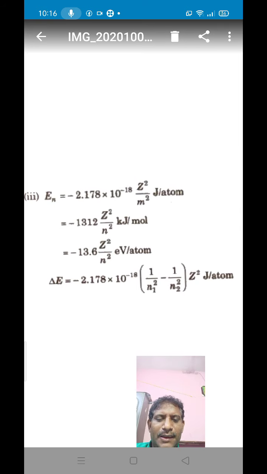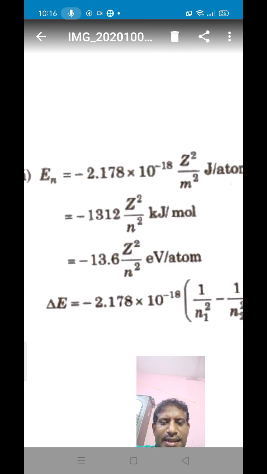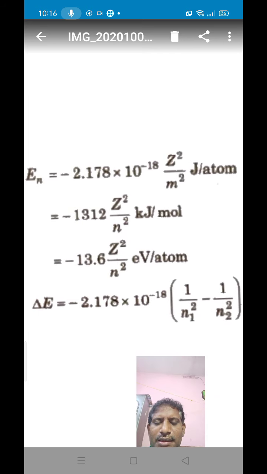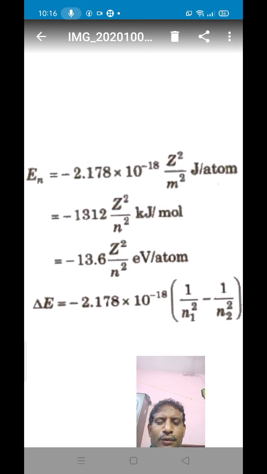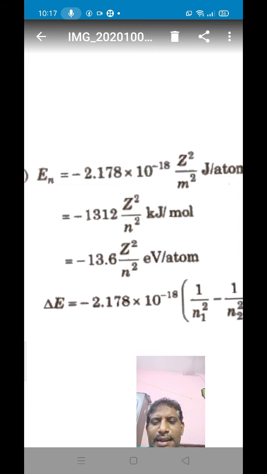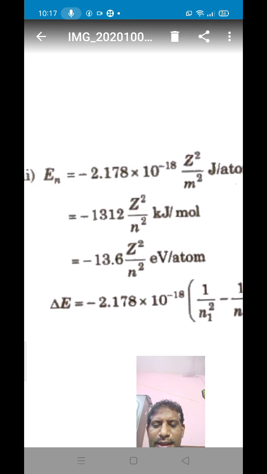This formula is expressed in several units. Energy of electron in Bohr orbit En is equal to minus 2.178 into 10 to the power minus 18 Z square by n square joules per atom, that is equal to 1312 into Z square by n square kilojoules per mole, and in electron volts per atom, En is equal to minus 13.6 into Z square by n square electron volts per atom.